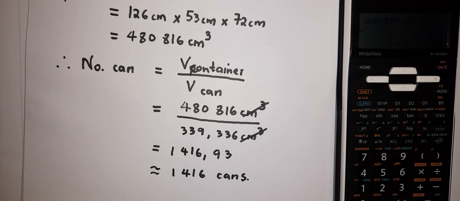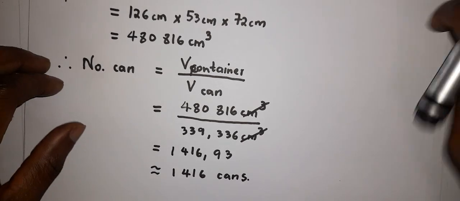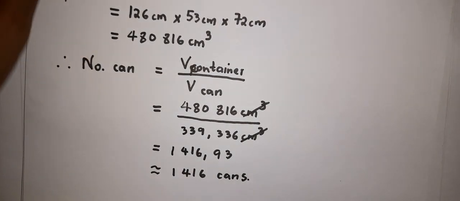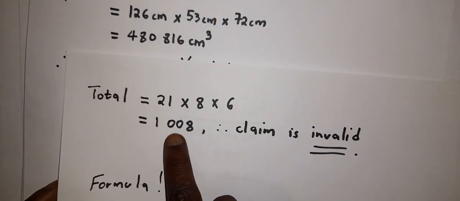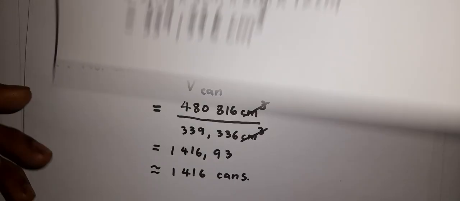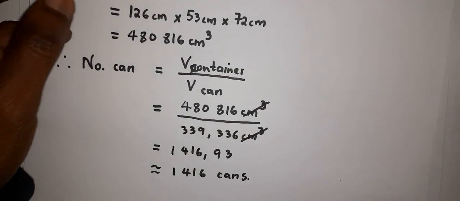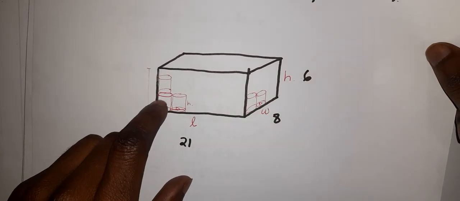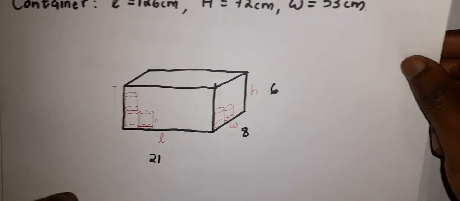Right, so looking at this one and comparing it with the one that we have right here, the practical method takes into account that in between these containers, grade 12s, in between these spaces, there are gaps, grade 12s.